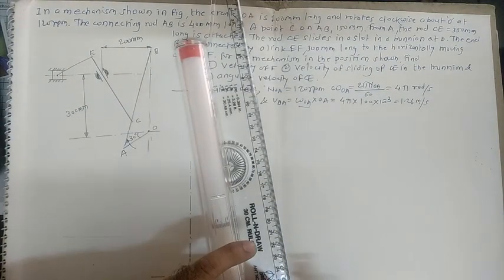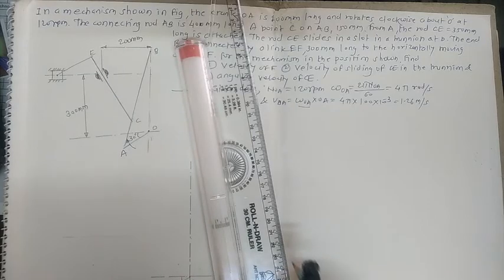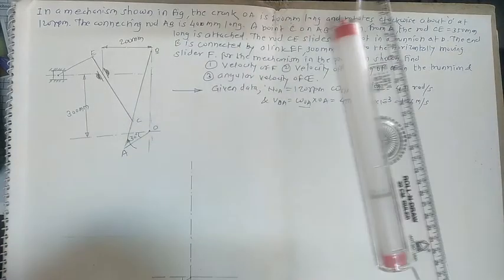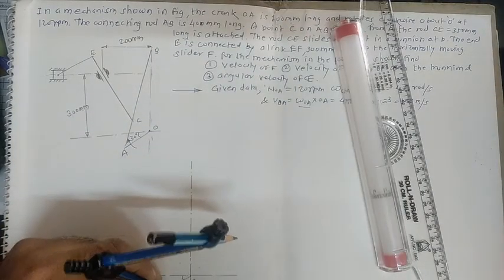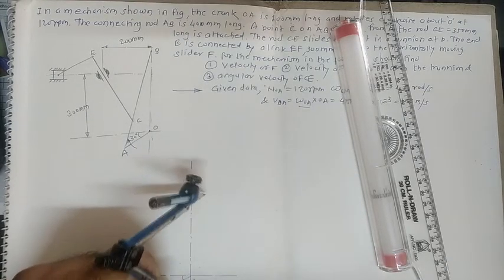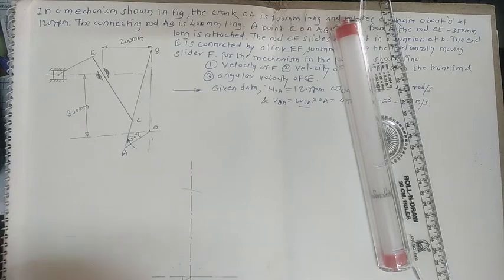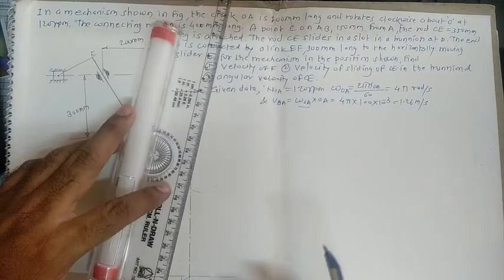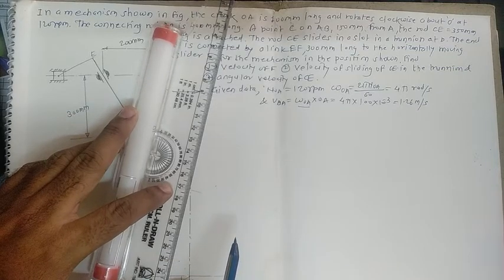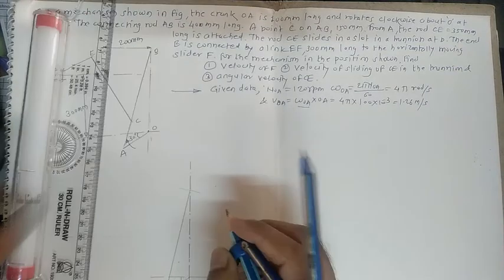We said for the 100 mm we have taken 20 mm, means for that we have to take 80 mm, sorry. So the distance of that 400 mm as per the value given. Just mark one point and then join this one so that we can get B point. Here we can get the B point.